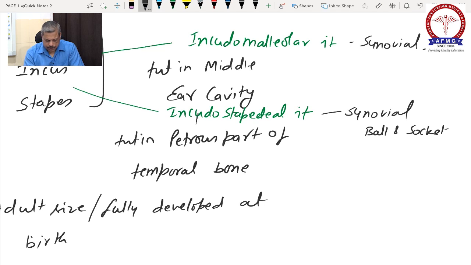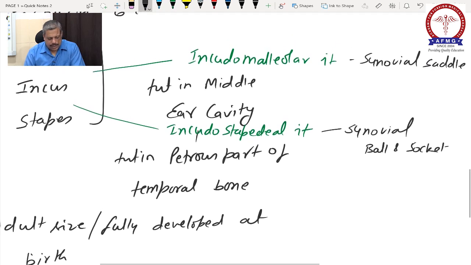Both questions are important questions. Incudomalleolar joint is the synovial joint of saddle variety. Incudostapedial joint is the synovial joint of ball and socket variety. So these 3 bones articulate to form 2 joints, and now at these bones 2 muscles are inserted.